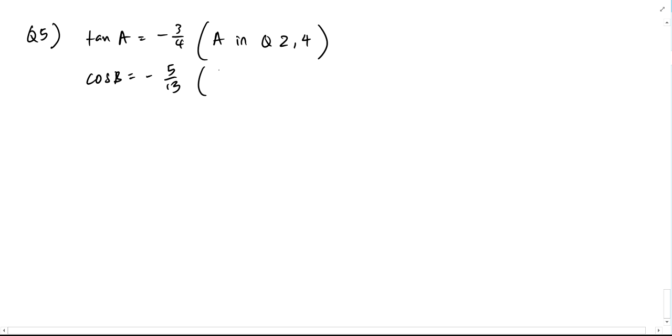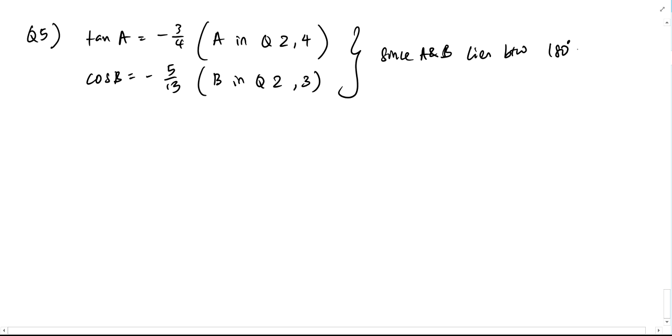So quickly at the back of your mind, we know that B in quadrant 2 and quadrant 3. Then they also tell us that both lie between 180 and 360. Okay, since A and B lie between 180 and 360, then we can eliminate quadrant 2 for A and quadrant 2 for angle B.